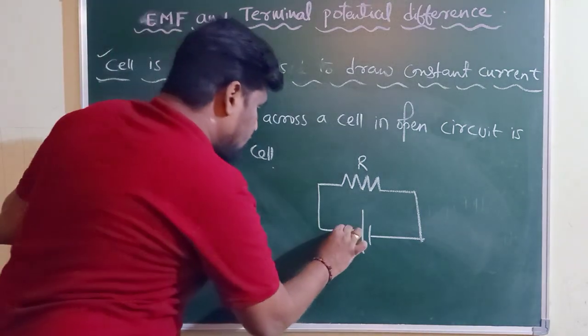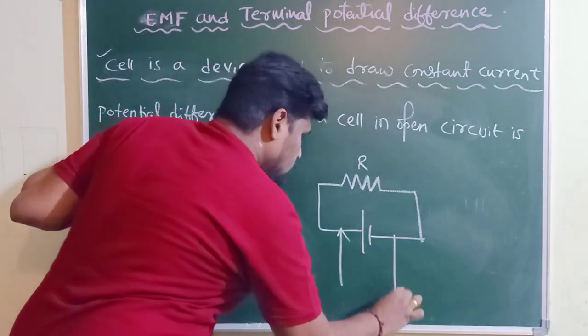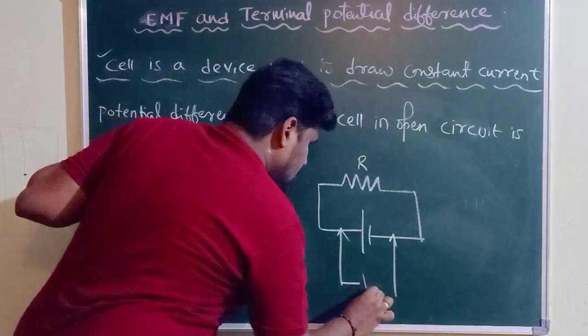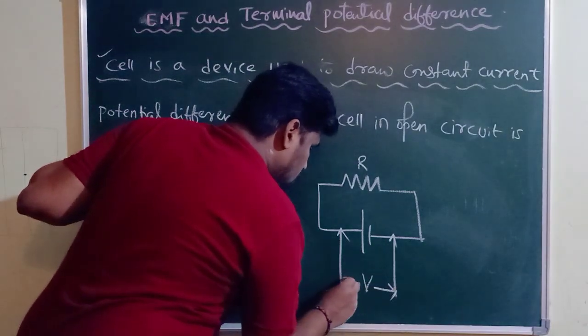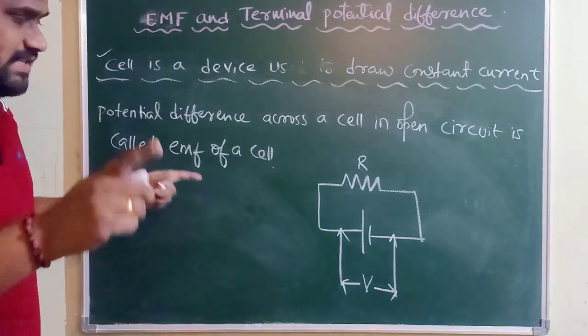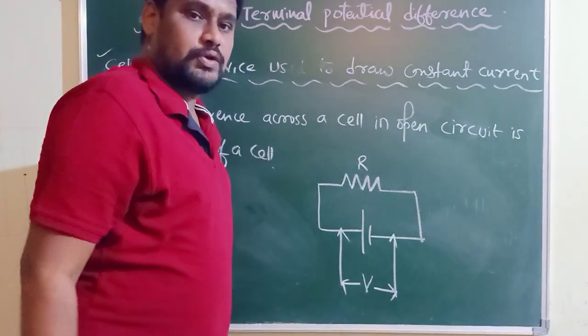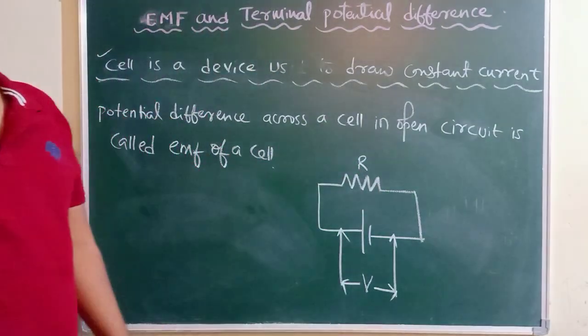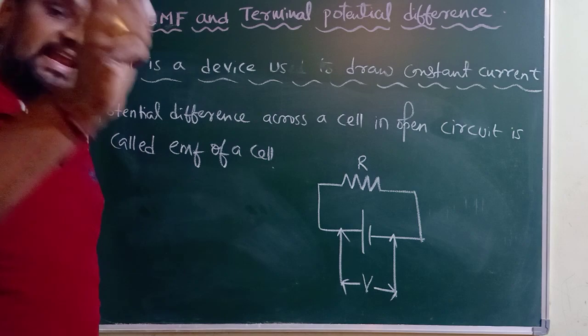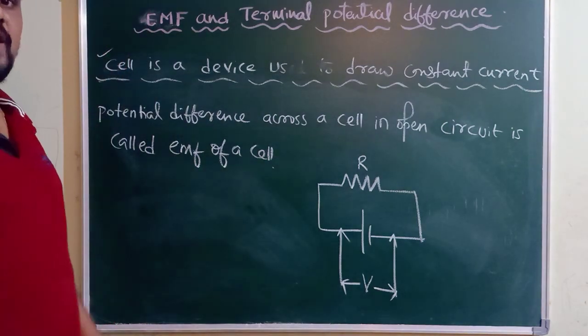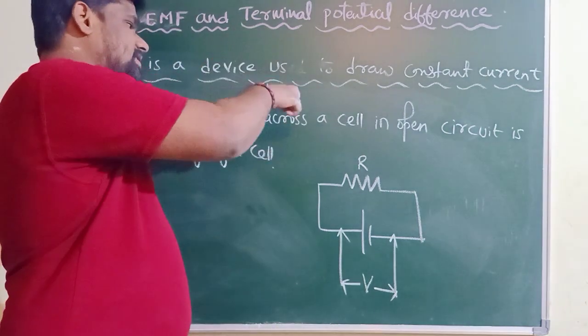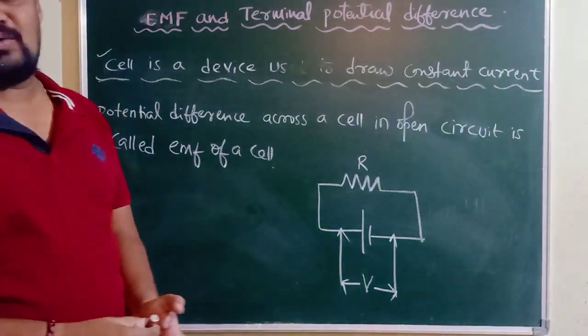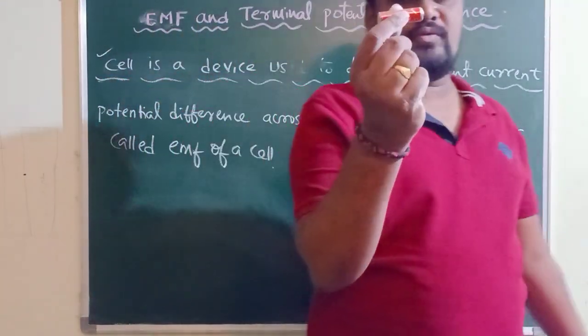Once again you measure the potential difference or voltage across a cell when it is in closed circuit. This voltage will be less than the voltage you measured when the cell is in open circuit.